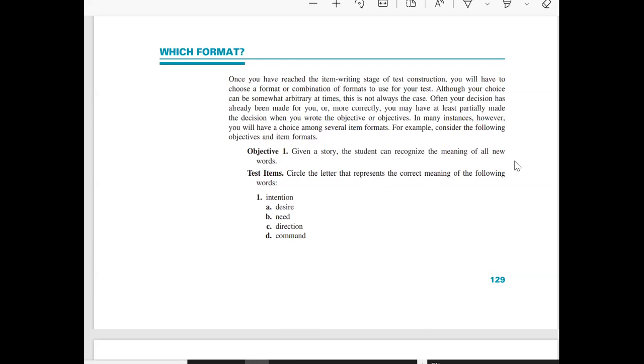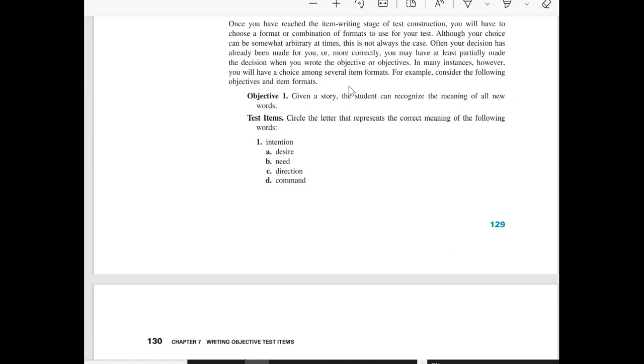So you have to decide which objectives from your teaching are going to guide the development of your test item. And they set out the objective for you.